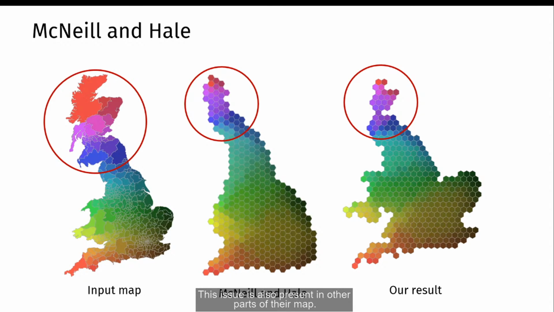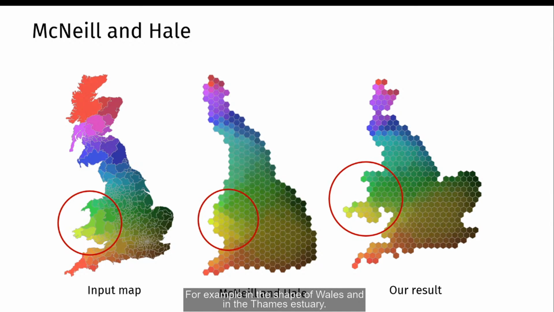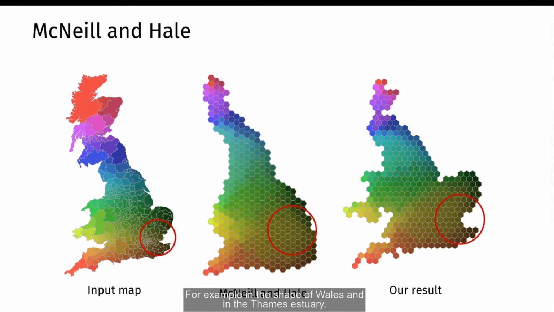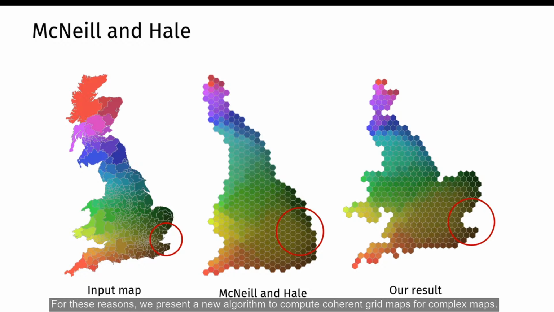This issue is also present in other parts of the map, for example in the shape of Wales and in the Thames estuary. The loss of these salient features of the global shapes makes the map harder to recognize as a grid map of the UK and also removes important reference points that can prove local shape. For these reasons, we present a new algorithm to compute coherent grid maps for complex maps.